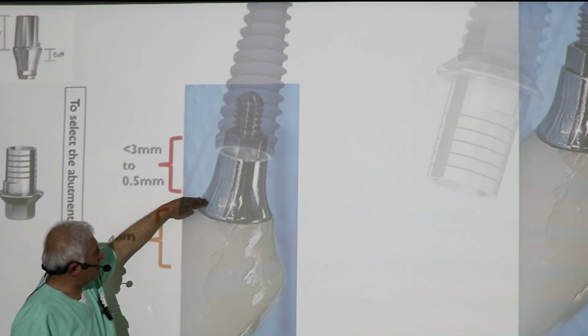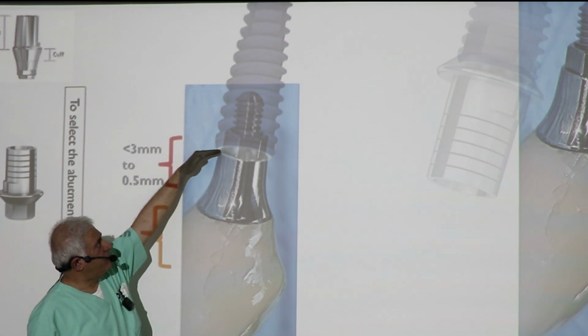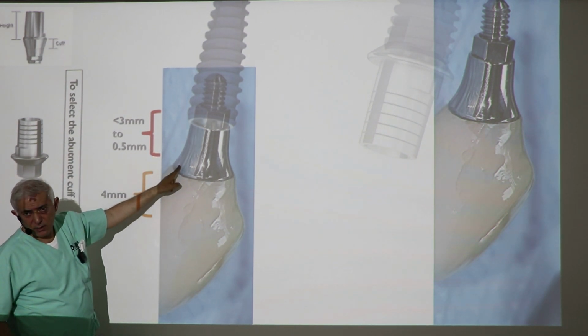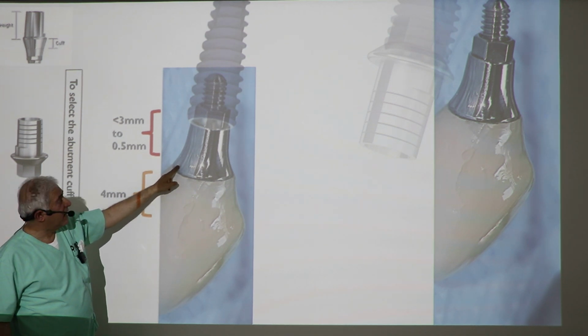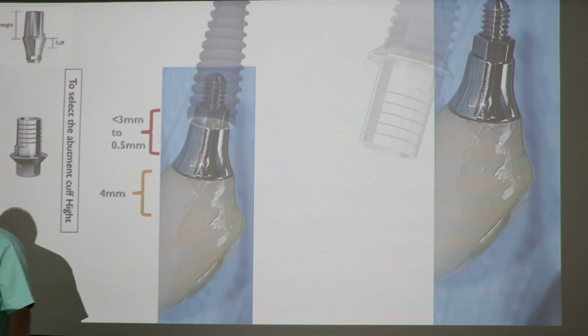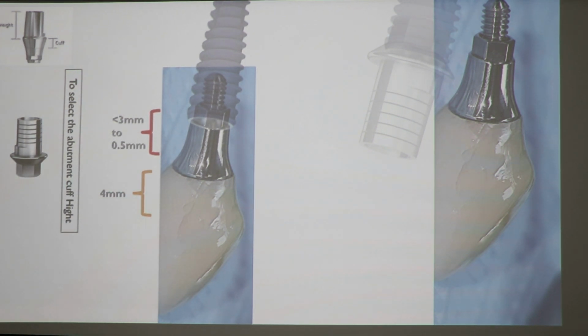If the bone is here, for example, and the implant is here, of course we're going to rely on titanium. So the titanium, which is allowed to be inside the bone, will be the way we select our cuff height.